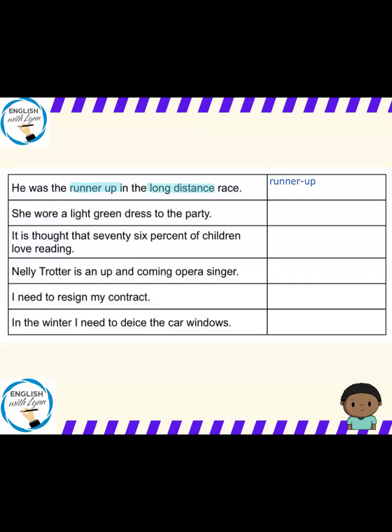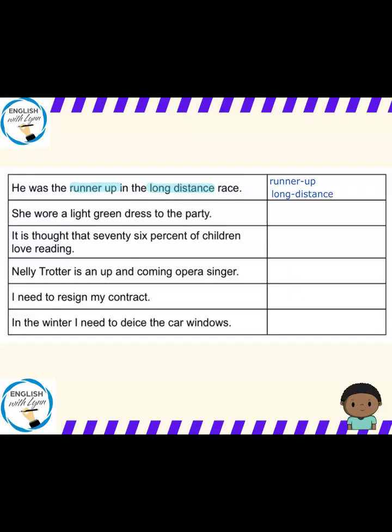Okay, so what we need to do is have long hyphen distance.